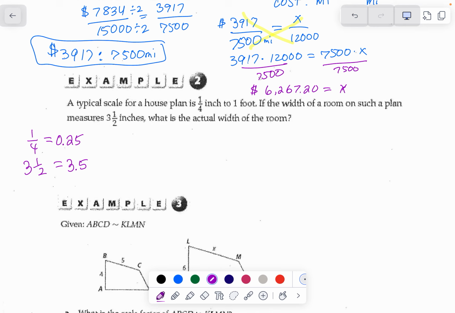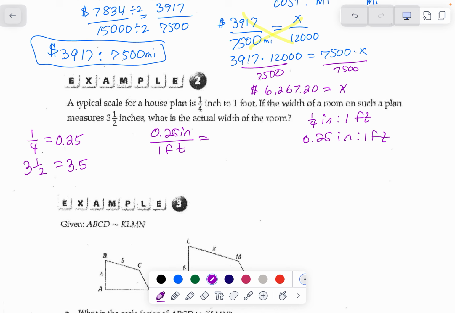Our scale is 1/4 inch to 1 foot, or 0.25 inches to 1 foot, okay? So on our model, it's 3.5 inches. So let's set up our proportion. So we would go 0.25 inches to 1 foot is the same as, where does that 3.5 go?